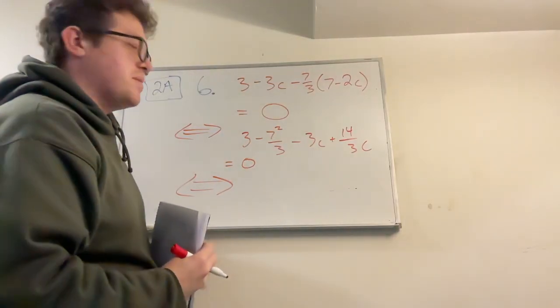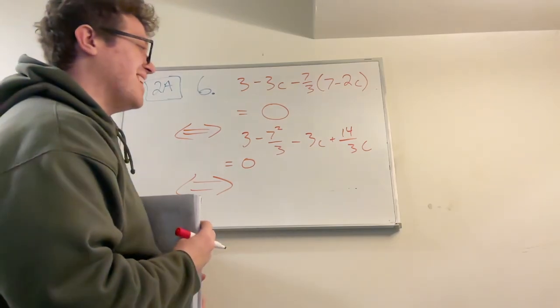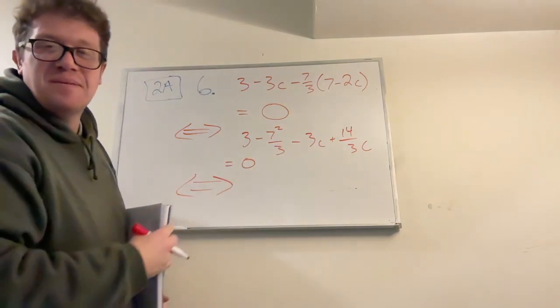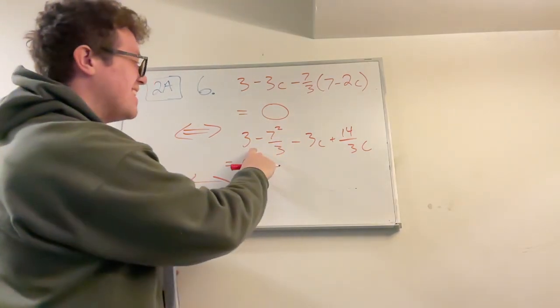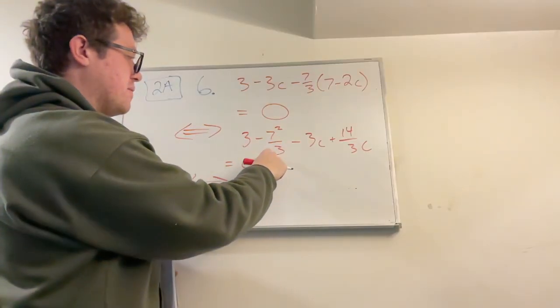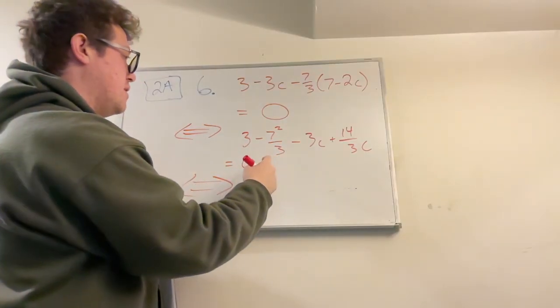Now I have to do some basic math in my head. Who can do this for me? So what is this? 49 over 3. Oh, God.